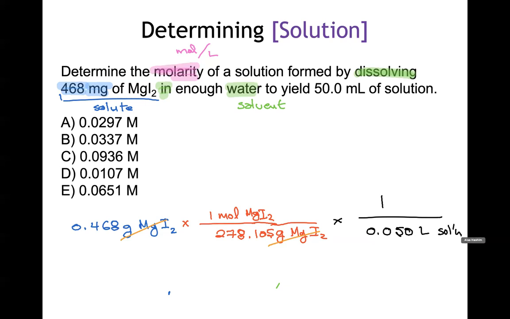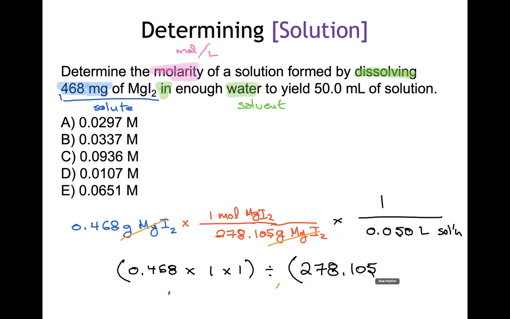In your calculator, you can do it as a single calculation: open parentheses, 0.468 times 1 times 1. You could ignore the ones since they're 1, I'm just showing you in case it's something else. Then divide by, open parentheses, 278.105 times 0.050.